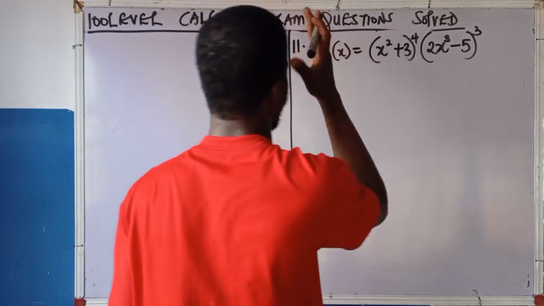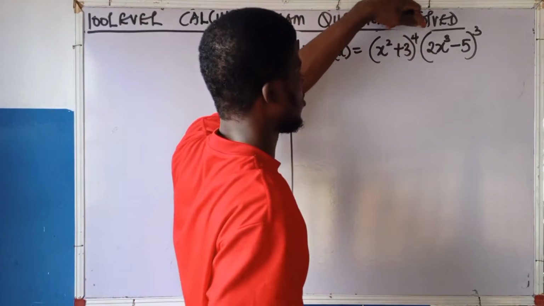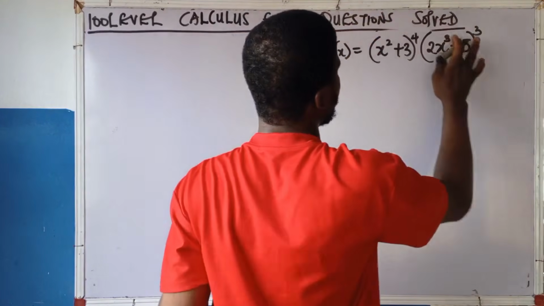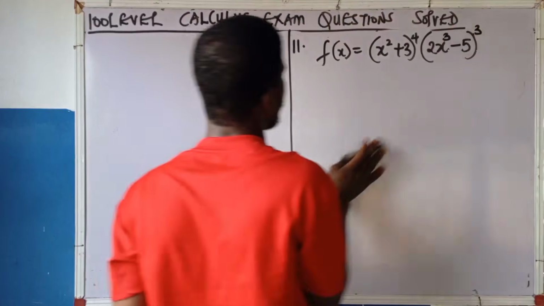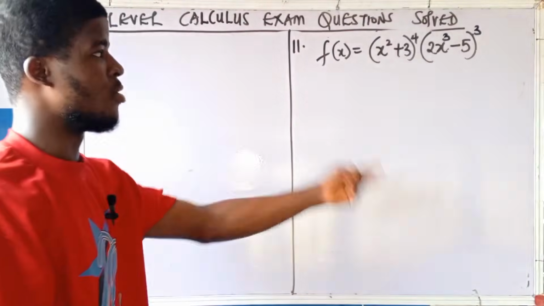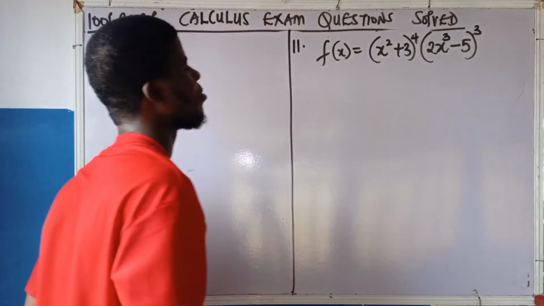This is f of x equals x squared plus 3 all to the 4th power into 2x cubed minus 5 all to the power of 3. So what's going to be f prime of x, which is the dy dx. Now, there are two functions here.